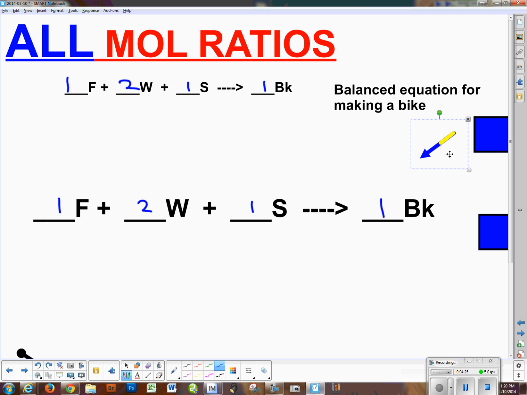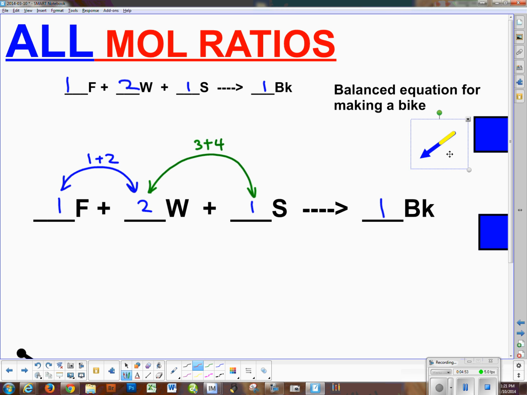Now, our first mole ratio can be from here to here. That is mole ratios 1 and 2. Our second mole ratio could be between this guy and this guy. And depending on whether we say W to S or S to W, it will be our second 2 ratios, ratios 3 and 4.